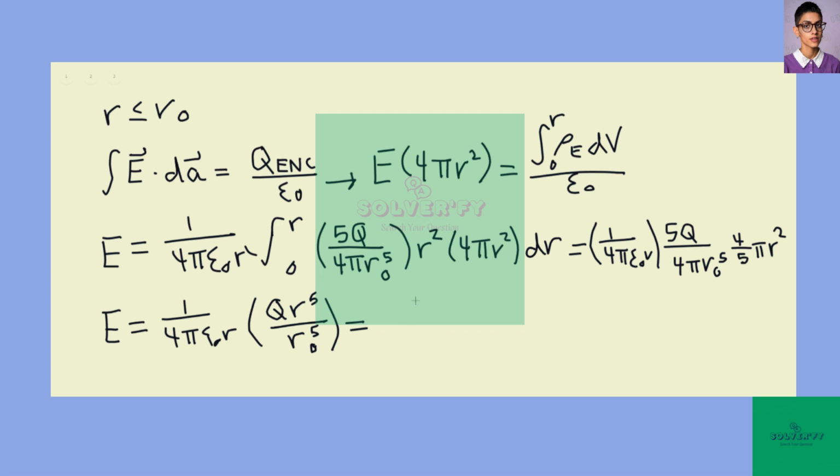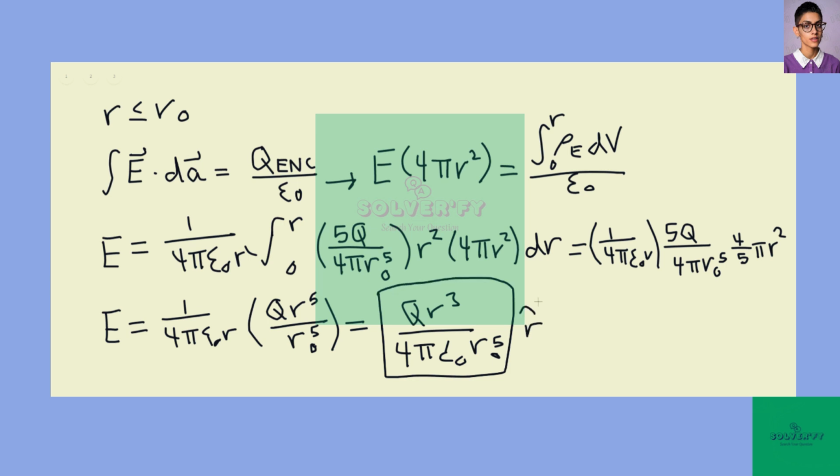Finally, one more step of simplification: q r cubed over 4 pi epsilon naught r naught to the 5th. And that's it. And it's in the outward direction, r hat, if we wanted to add a direction to it. That's the electric field inside of a sphere for some arbitrary radius r.